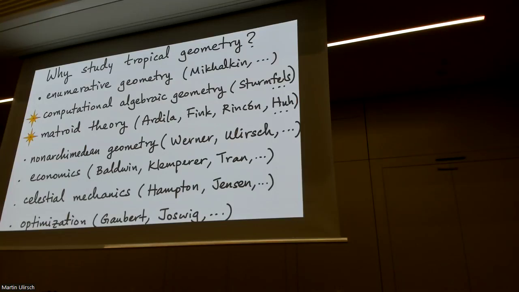And then Rincón, my collaborator, Jun He, for example. Also some other local experts in tropical geometry include Annette Werner and Martin Ulirsch. They looked at non-Archimedean geometry, and in more applied areas, we have applications to economics, celestial mechanics, or optimization. You can ask me about them later. I will not go over them right now.